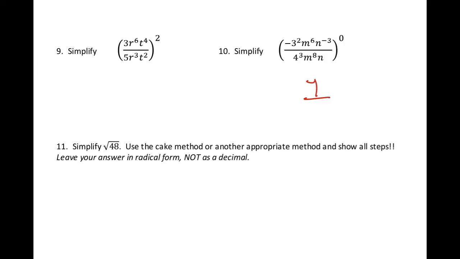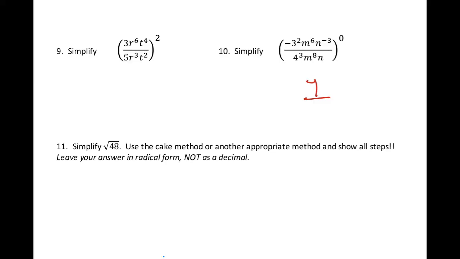All right, simplifying. This is called a power to a power. Okay? 2 different ways to do this one. The first way, what I would do is simplify inside the parentheses first.